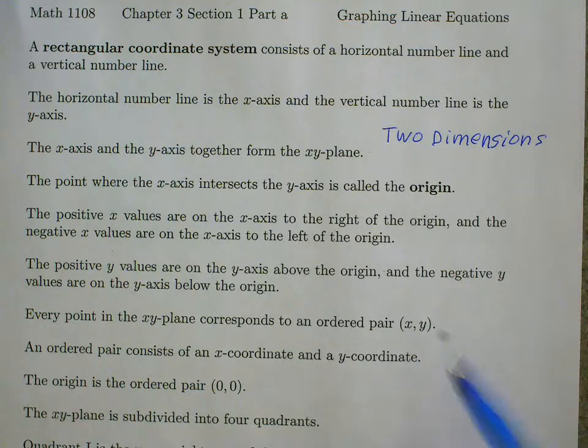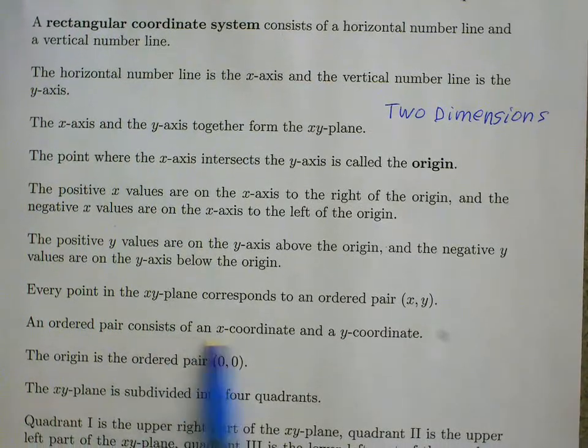So we'll look at how to plot points in a few minutes. But just remember, every point in the xy plane corresponds to one and only one ordered pair, x comma y in parentheses. Okay, an ordered pair consists of an x coordinate and a y coordinate.